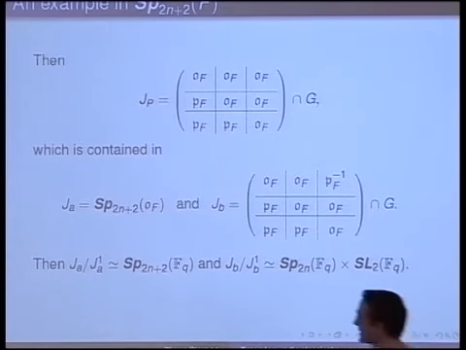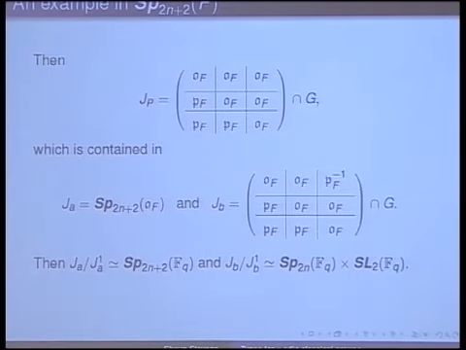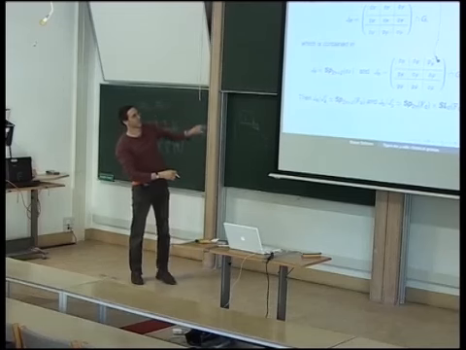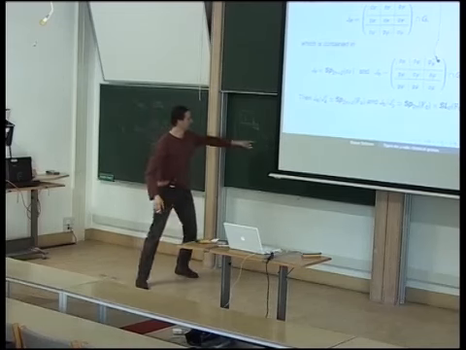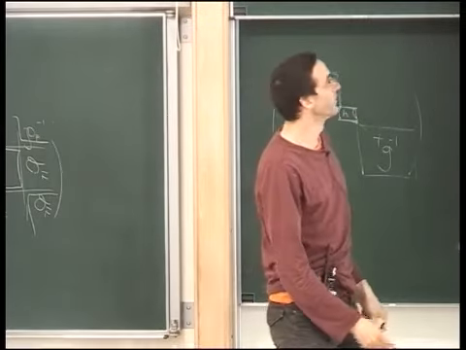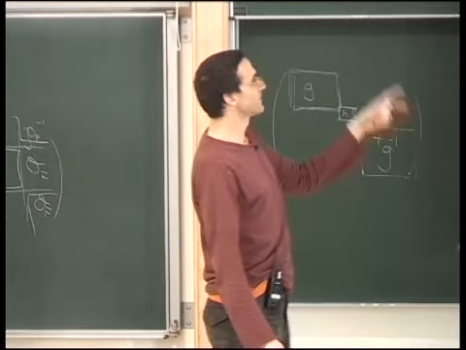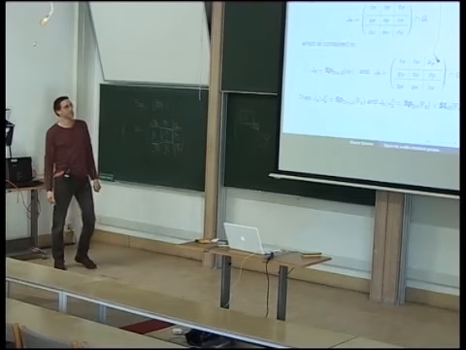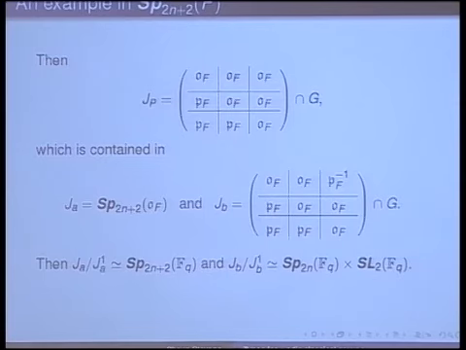So as I said, in the Levi you see in the top left the GLN O, in the middle the SL2 O, and in the bottom right the translated copy of the GLN O. And this is contained in two different compact open subgroups. So this JP is a sub-maximal compact open subgroup.